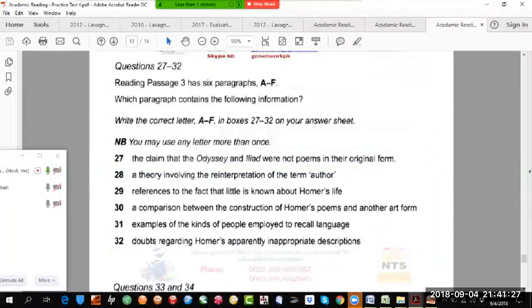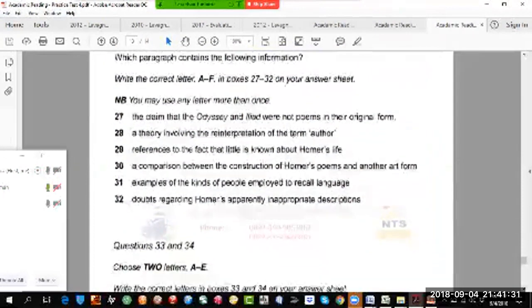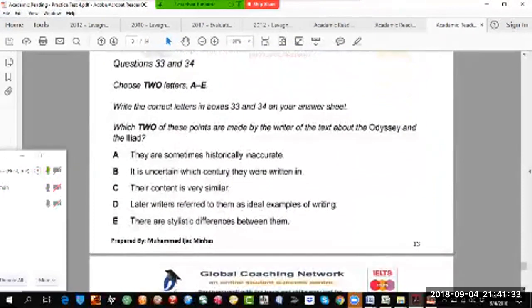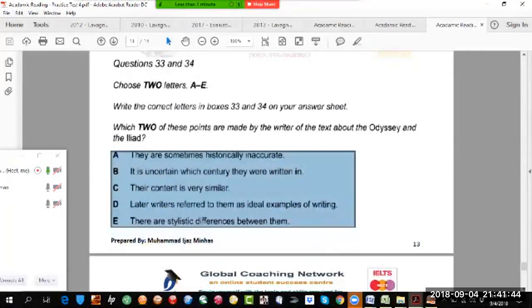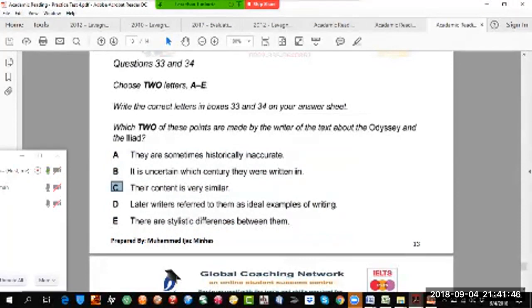Maybe some of my answers would be correct. And again, for this kind of question, which 2 of these points are made by the writer of the text about this, you can just pick any 2, like C and D. That's it.